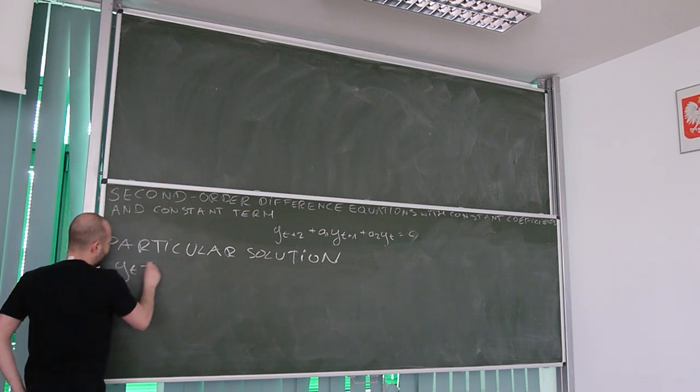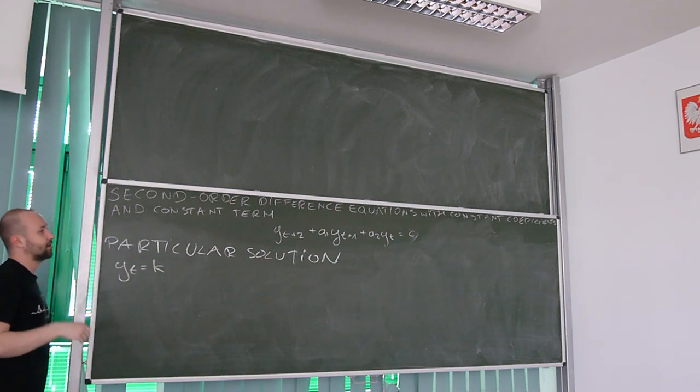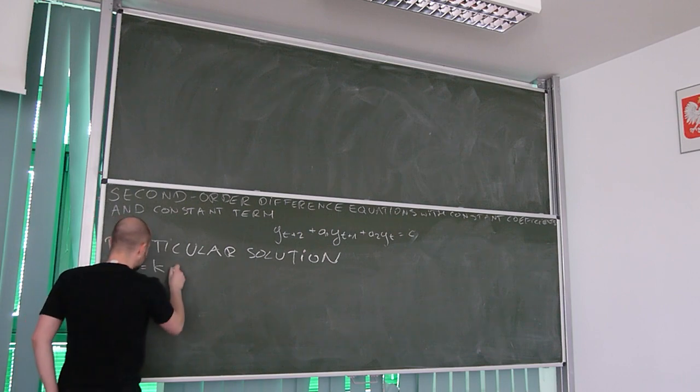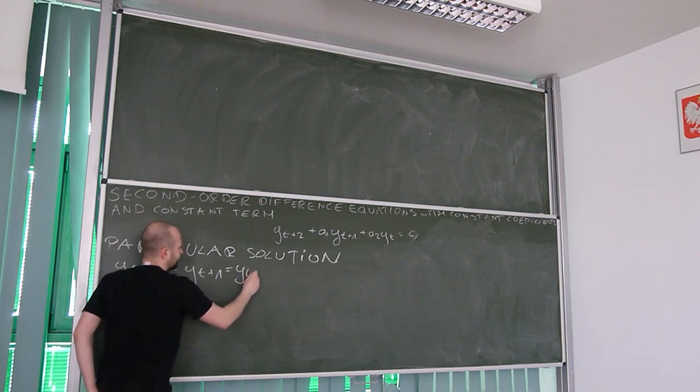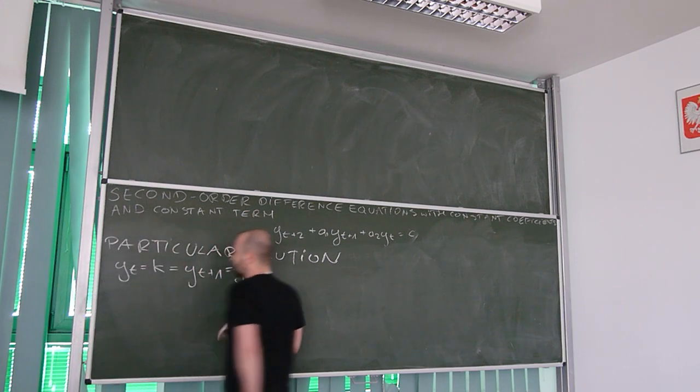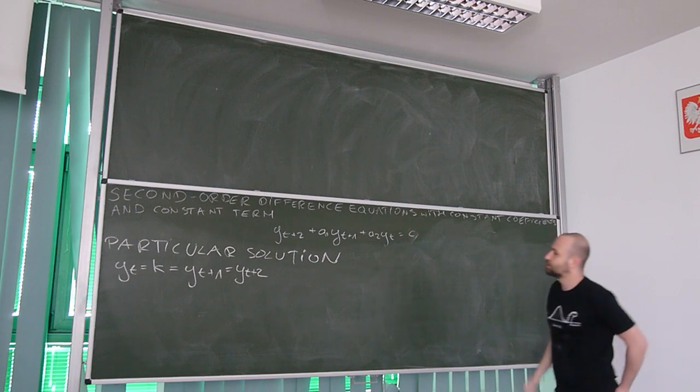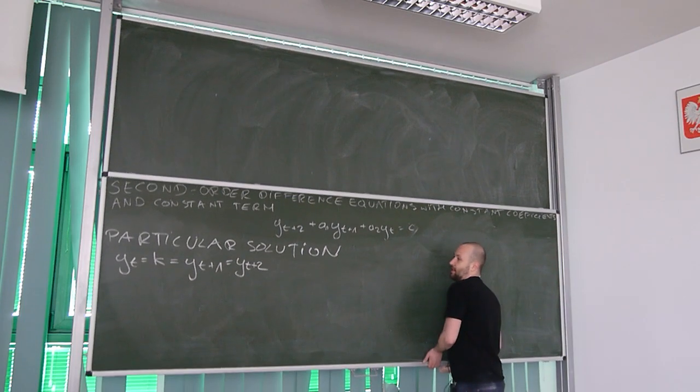So y_t is equal to some constant k. Now look, if y_t is equal to some constant, then y_{t+1} as well as y_{t+2} must also be equal to that constant.